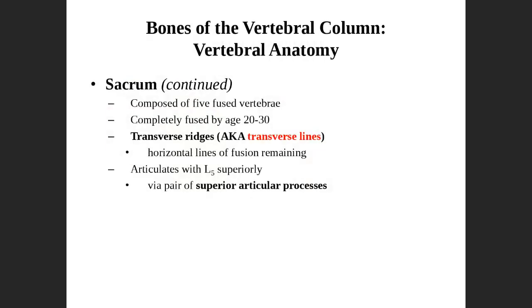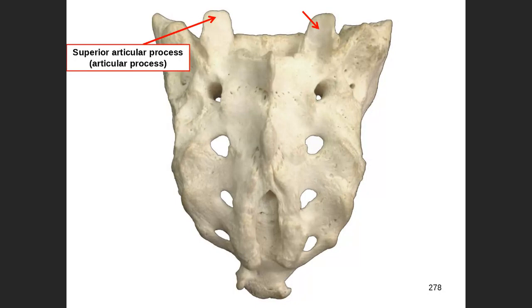All right. And if you look closely enough, you can see where those fused vertebrae were present. That fusion occurs between 20 and 30 years of age. And the vertebrae that articulates superiorly with the sacrum is the L5 vertebrae. So take a look.